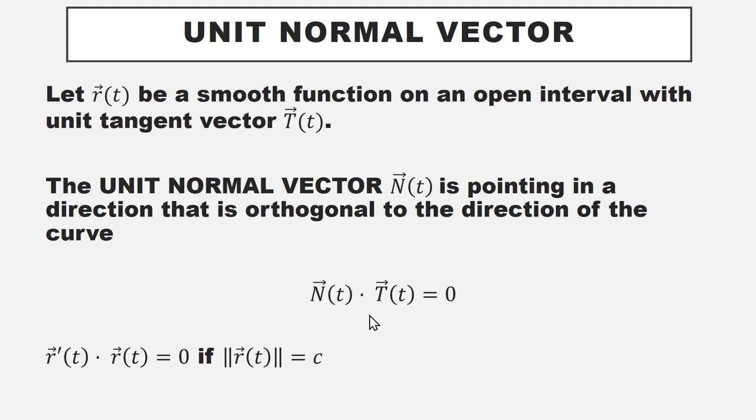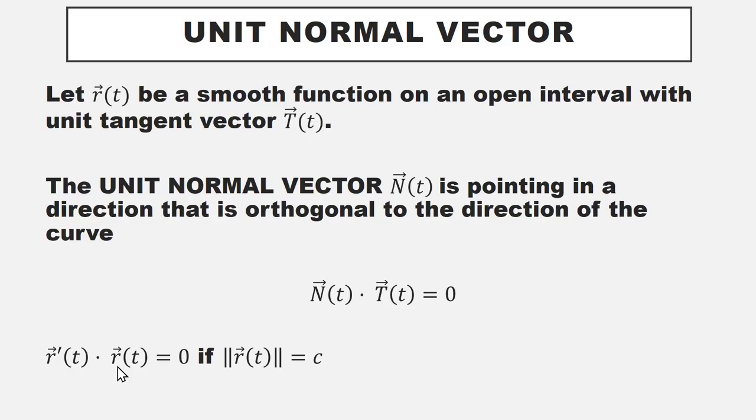So the unit tangent vector is pointing in the direction of the curve. The unit normal vector is pointing orthogonal to the direction of the curve. And again, that is coming from this trait about derivatives.